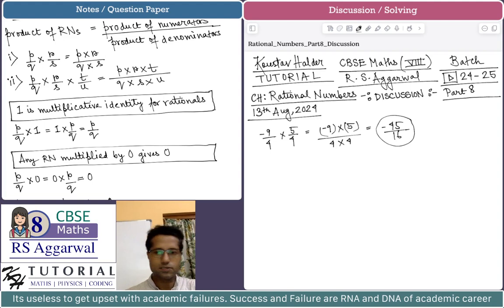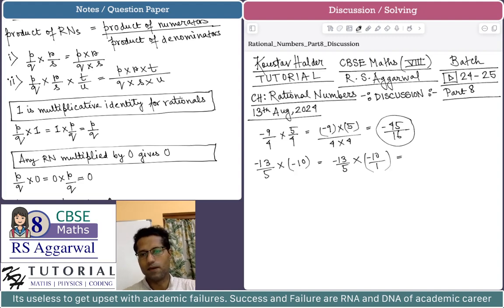Okay, let's take another example. Minus 13 by 5 multiplied by minus 10. Now minus 10 can be written as minus 10 by 1. So now you multiply the numerators, that will be the numerator of the result, that is minus 13 multiplied by minus 10, and the denominator of the result will be the product of the denominators.